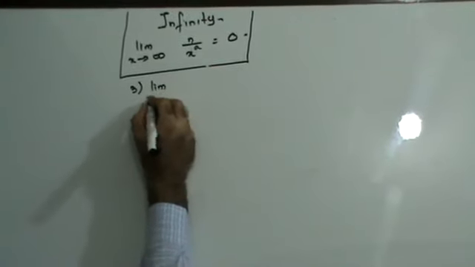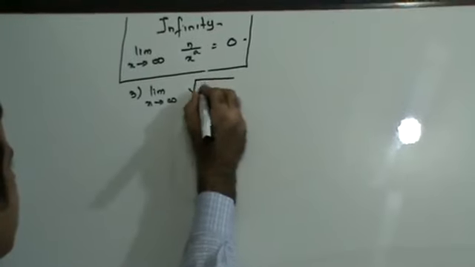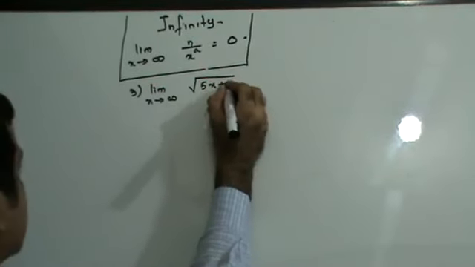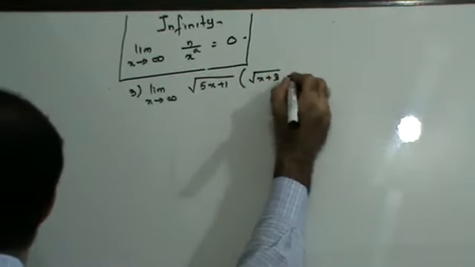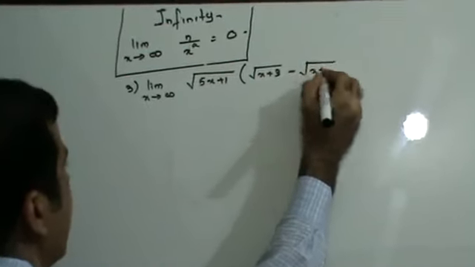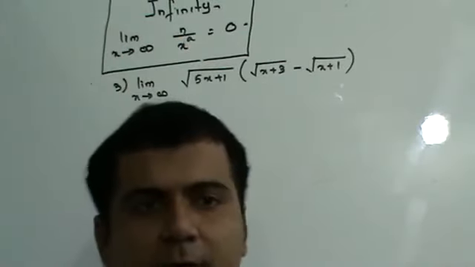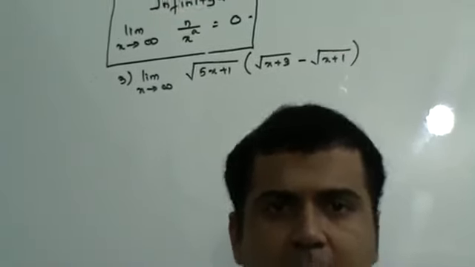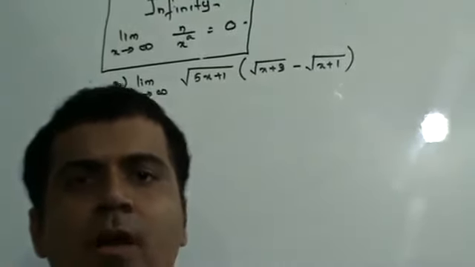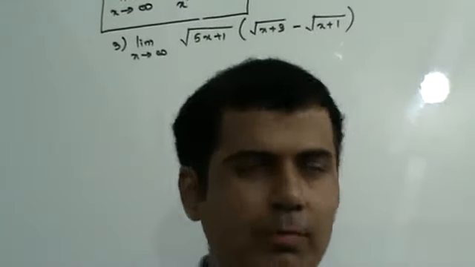Limit of x tends to infinity, root of 5x plus 1 into (root of x plus 3 minus root of x plus 1). Now the problem in this sum is that it does not have a denominator. If it does not have a denominator, how do I divide by x? So what I'm going to do is rationalize the numerator so that I get a denominator.